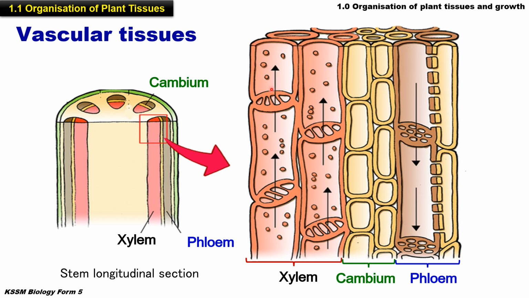Okay, xylem, and it's showing that xylem, the arrow, it's showing moving upwards. Phloem, it's moving downwards. Okay, and the cell that will divide between the xylem and phloem is known as cambium. Okay, alright, look carefully. This one, dia punya gambar.